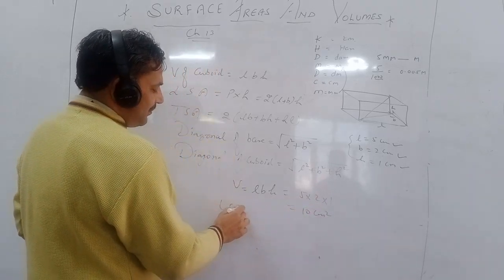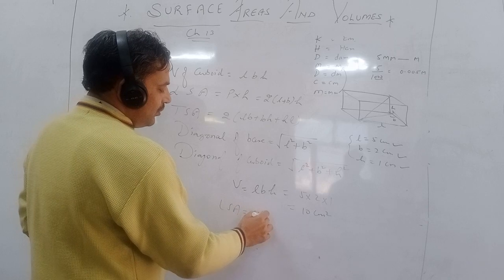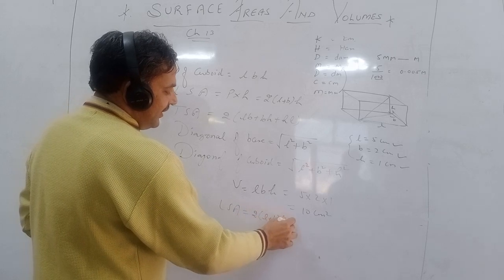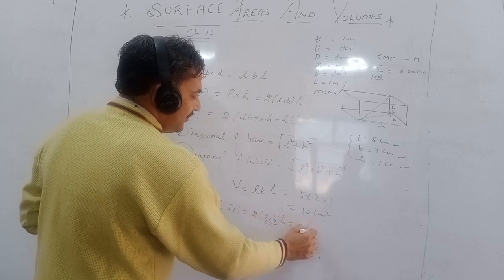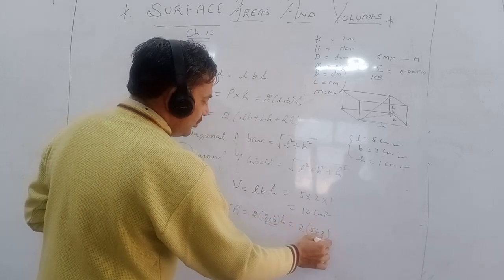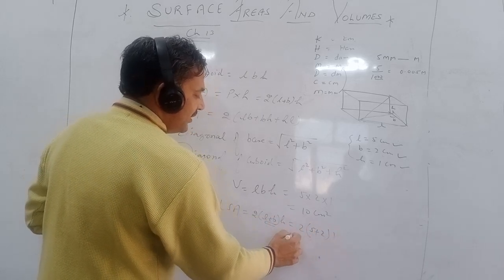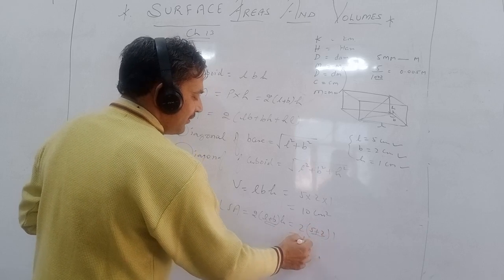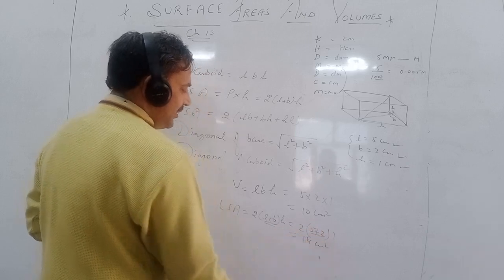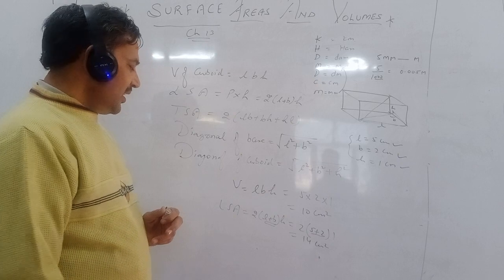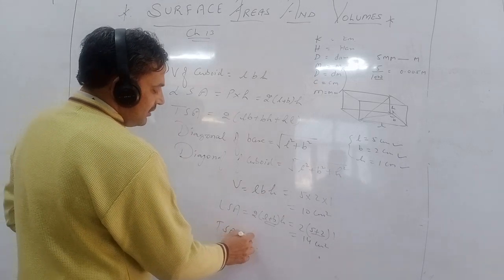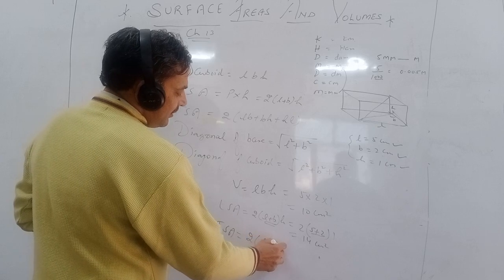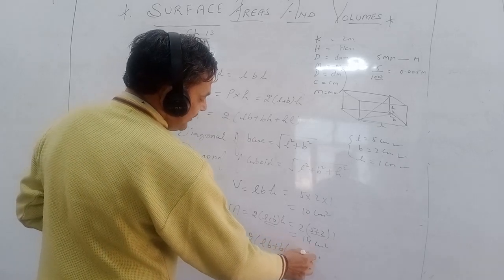What is the lateral surface area? 2 into (length plus breadth) into height. Putting the value: L is 5, breadth is 2, height is 1. Now calculate 5 plus 2 is 7, 2 into 7 is 14 centimeter square. Is it clear? Now total surface area, 2 into (LB plus BH plus HL).